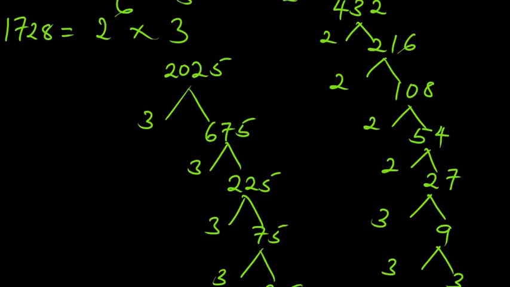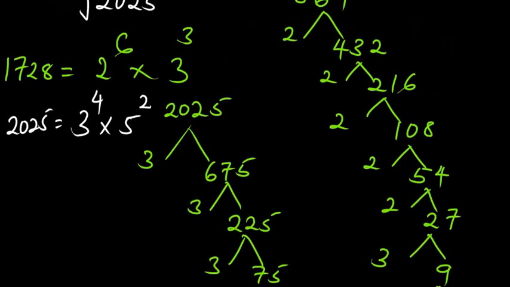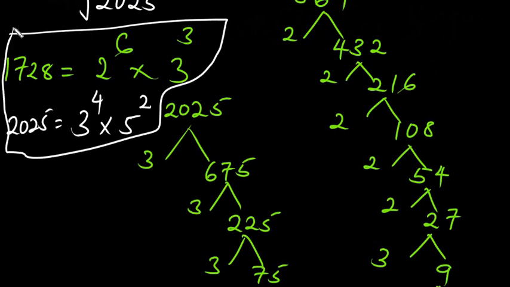So 2025, we can write it as 3 to the power of 4 times 5 to the power of 2. So we have expressed both 1728 and 2025 in terms of their prime factors.